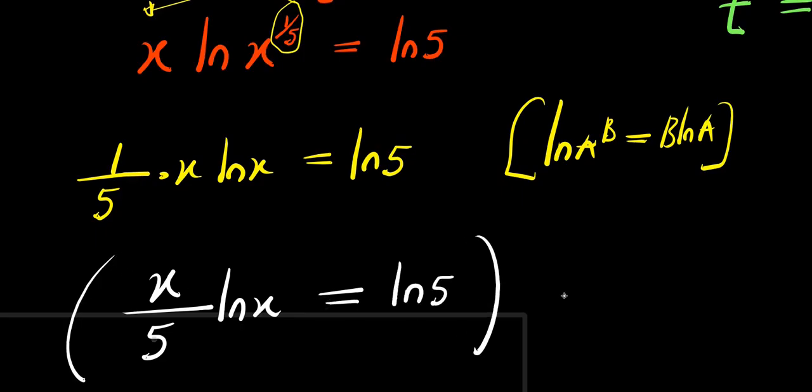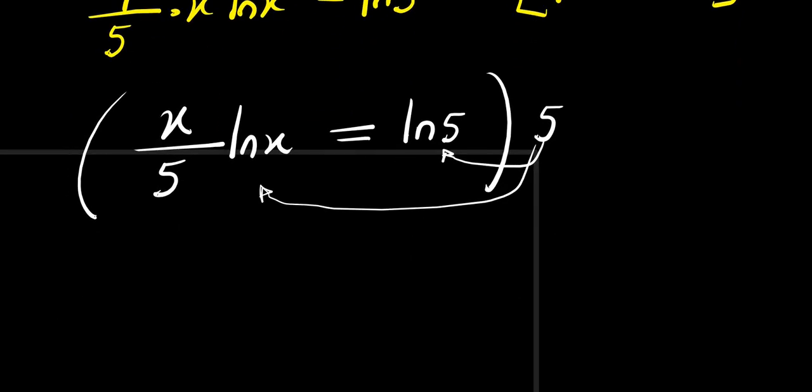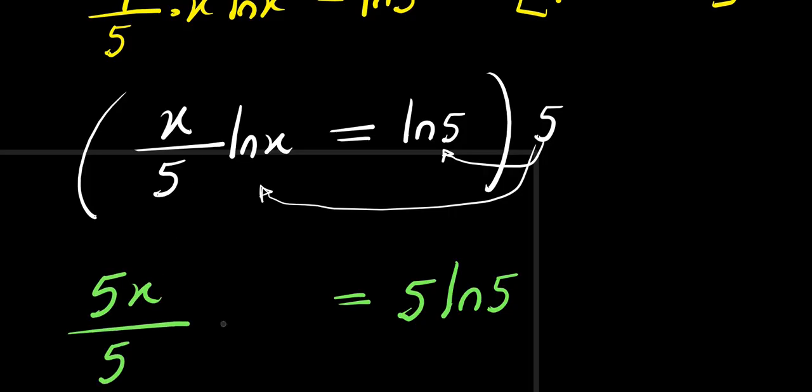I can decide to multiply this by 5. 5 multiplies this, 5 multiplies this. From here, 5 times ln 5, this is 5 ln 5 equals 5 times this. We are going to have 5x divided by 5 times ln x.